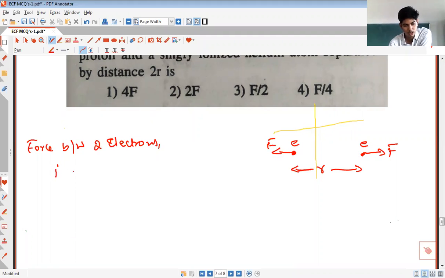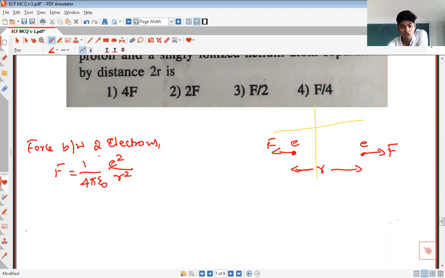Try to write the equation for it. What is that force equal to? F is equal to 1 by 4 pi epsilon naught, Q1 into Q2, that is e into e, e square, divided by the distance between them, which was given as r square. So this is the force between two electrons.